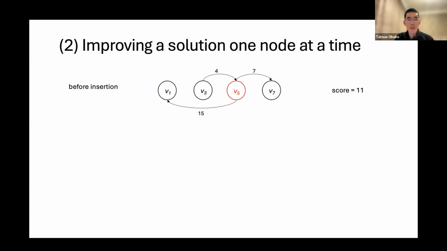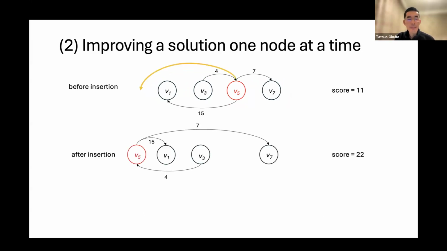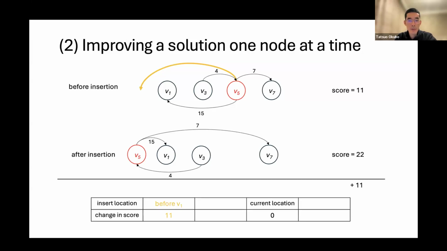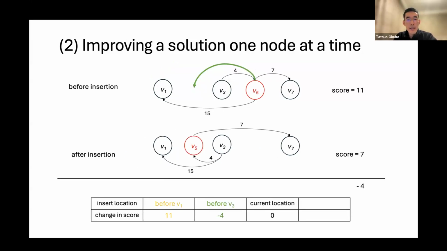In this case, the score is the sum of feed-forward weights, 4 plus 7 equals 11. Then let's take this node and bring it over here. Now the feed-forward score becomes 15 plus 7, 22. That leads to an improvement of score of 11, so we fill that in the table. Then if we insert V5 into the next location, we will lose this feed-forward connection 4, so that will be a loss of score, minus 4.